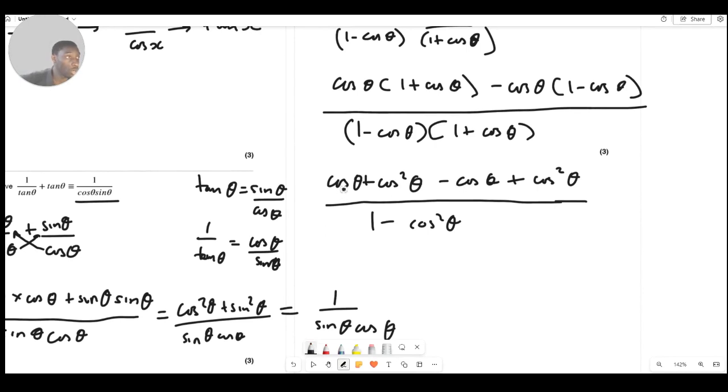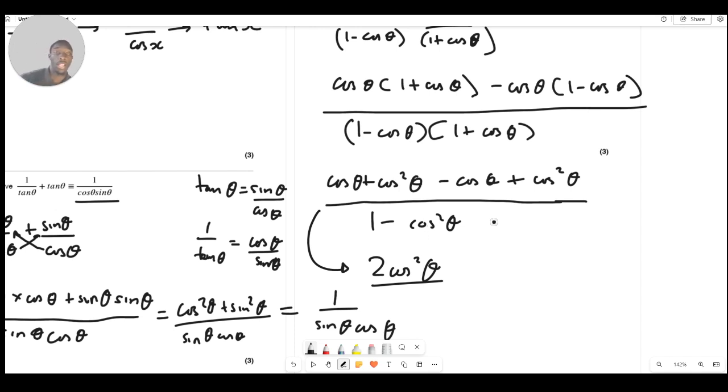Now I want to simplify the top. So we've got cos theta minus cos theta. That's going to cancel and equal 0. So I'm going to be left with 2 cos squared theta because cos squared plus cos squared is 2 cos squared. So 2 cos squared theta. Now underneath, I have 1 minus cos squared theta.